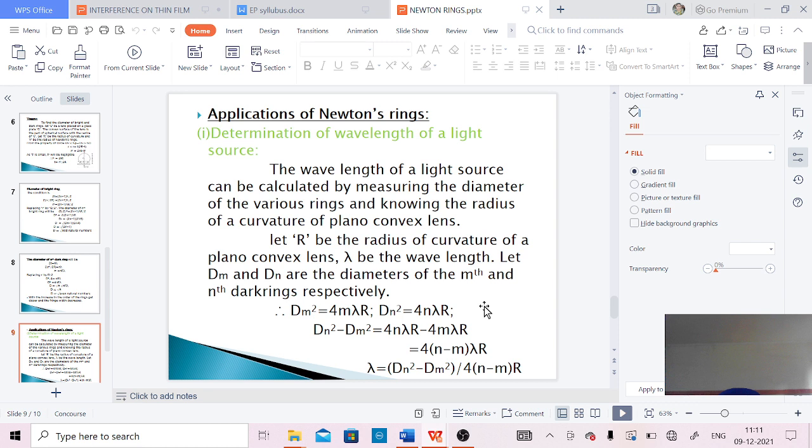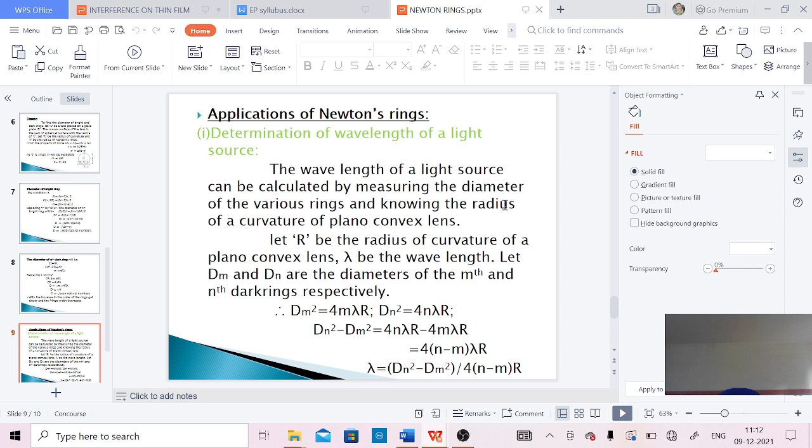The wavelength can be calculated by measuring the diameters of various rings and knowing the radius of curvature of the plano convex lens. We already know the diameters up to the nth dark ring and nth bright ring. Let r be the radius of curvature of the plano convex lens.